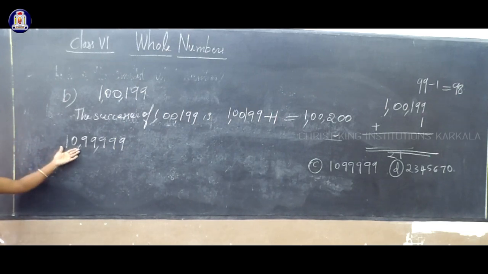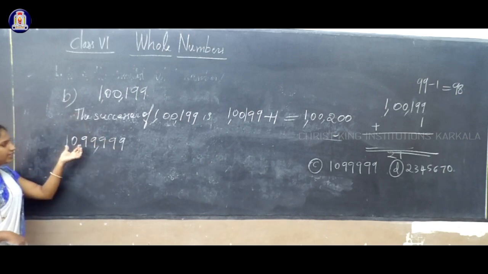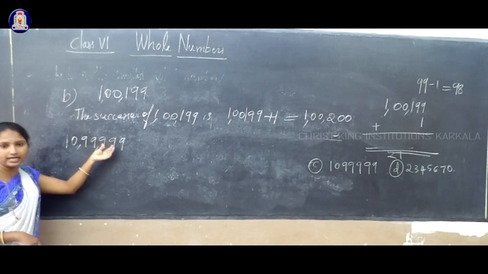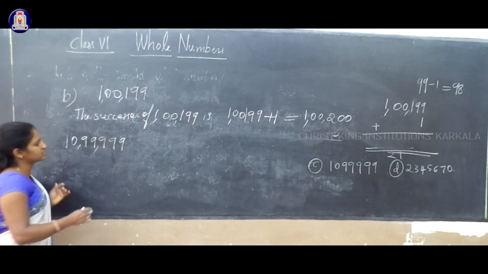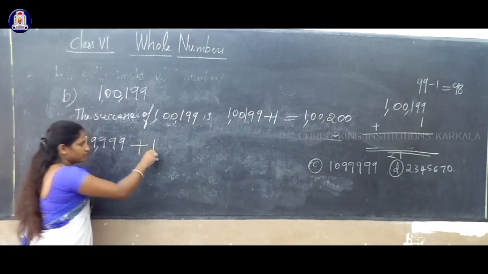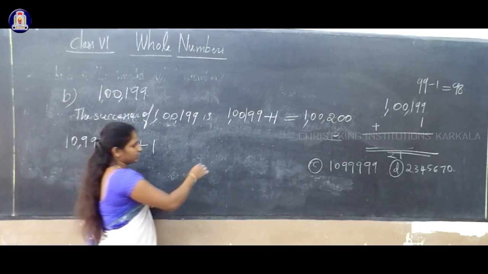So now you can read this. That is 10 lakh 99,999. We have to write the successor of this. You just have to add plus 1.